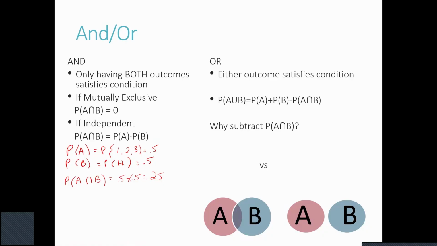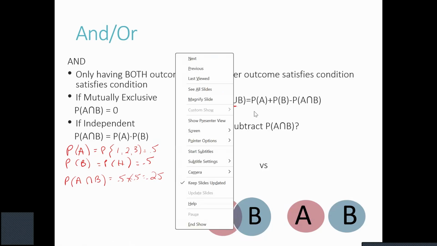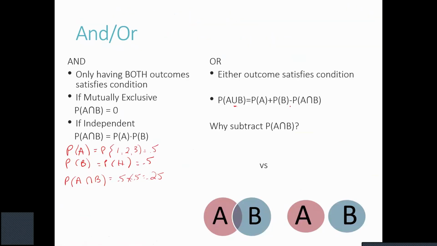For OR things, either outcome satisfies the condition. So again, we denote this as the probability of A or B, and that is the probability of A plus the probability of B minus any overlap.